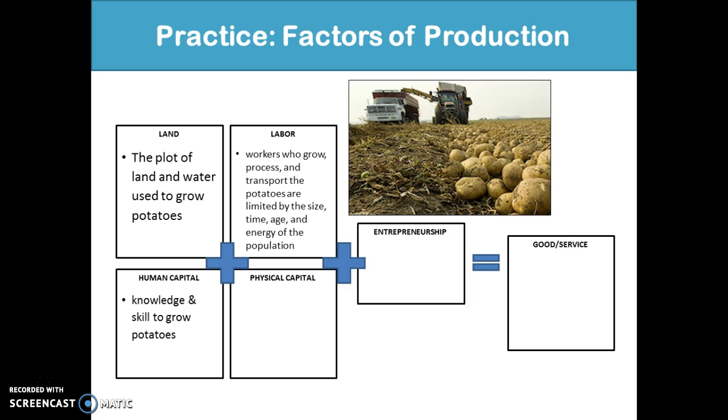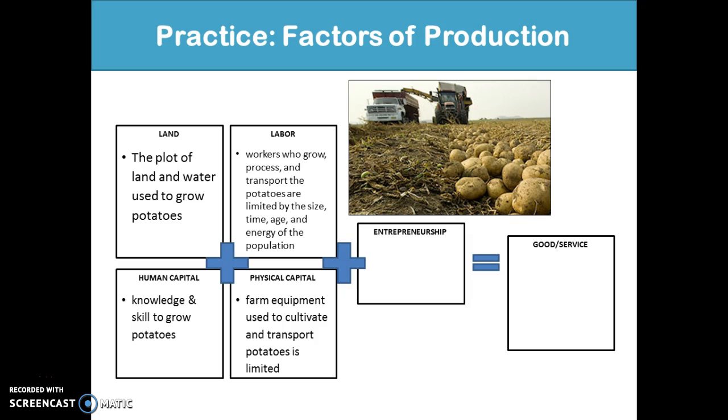Human capital, think of specifically the knowledge and skills that these individuals have that they use in order to grow the potatoes or to cook the potatoes, to drive the truck. There's specific skills that are required for that. Physical capital would be all of these tools that are used, the farm equipment that's used to harvest, to cultivate, to transport the potatoes, as well as even a deep fryer that cooks the French fries.